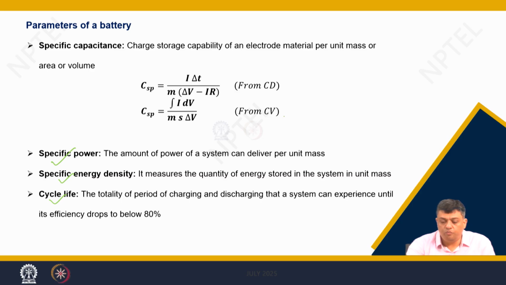So, if you perform a cyclic voltammetric measurements or charge discharge measurement, then these are the two formulas used to determine the specific capacitances, which we will discuss in the week where we are going to talk about the characterization tools used to fabricate or characterize these batteries.